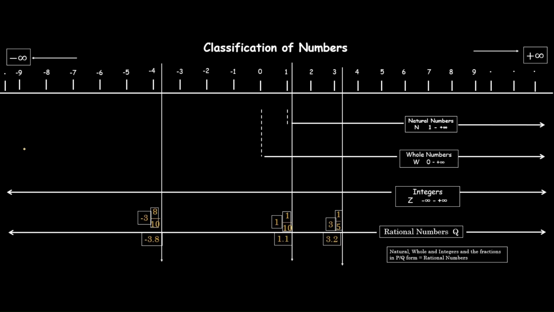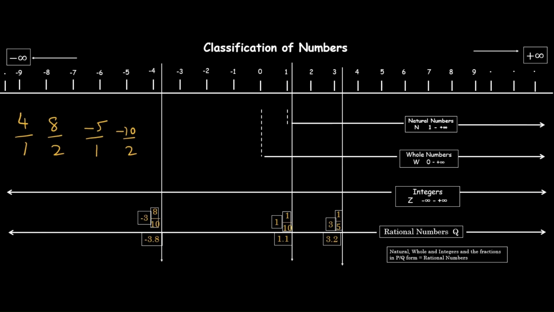Say, for example, let's take the example of 4. 4 can be written as 4 by 1 and also 8 by 2. Similarly, if we take minus 5 as an example, minus 5 can be written as minus 5 by 1 or minus 10 by 2. And it is the same for the rest of the integers as well.